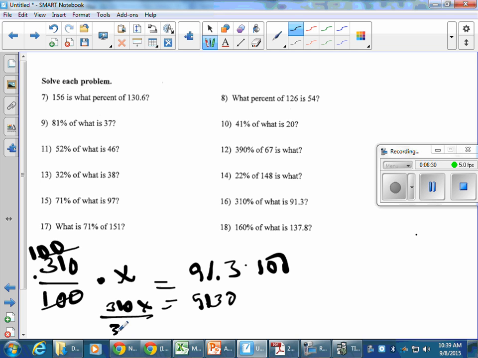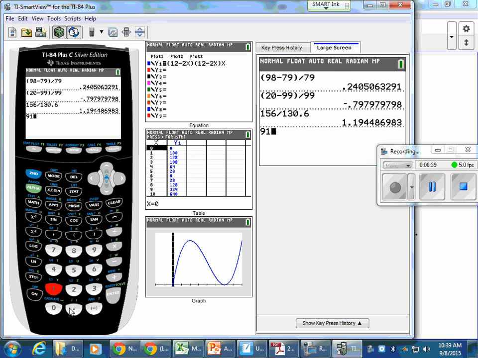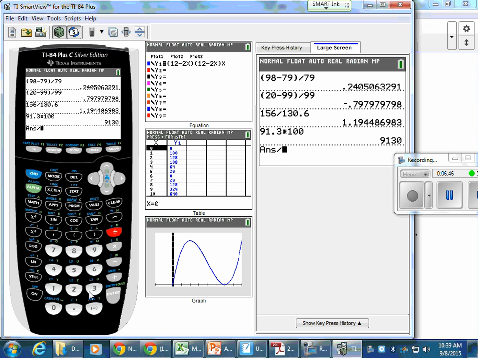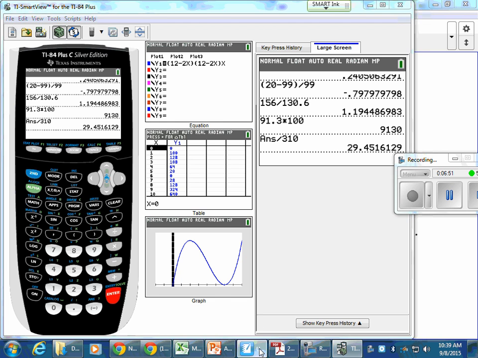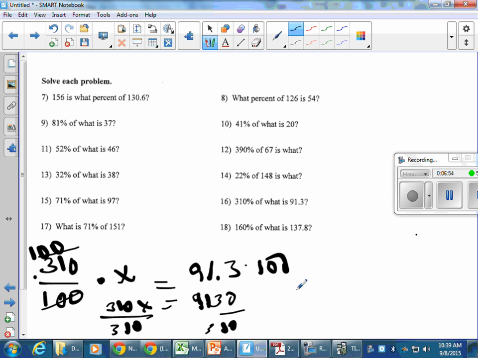Divide by 310, and x is, over here, 91.3 times 100 is 9130. Divide that by 310, and you get 29.5 roughly. So my answer would be 310% of 29.5 is 91.3. And that's how you do it.